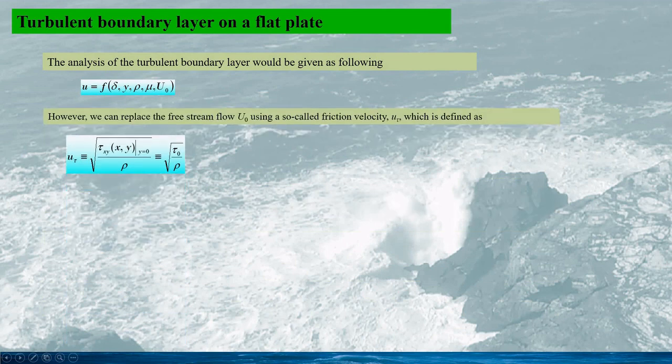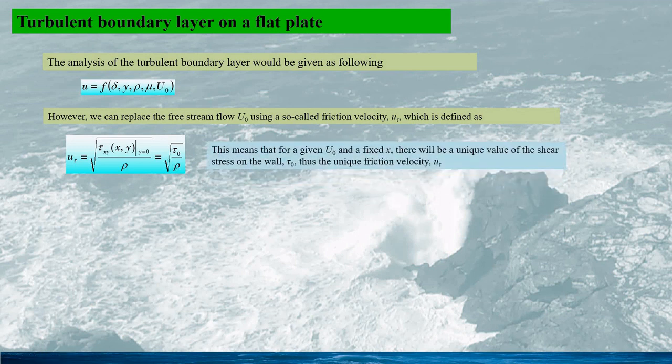However, in the analysis of the turbulent boundary layer, the free stream velocity u0 is normally replaced by a so-called friction velocity u tau, which is calculated as this, given by the shear stress on the boundary.